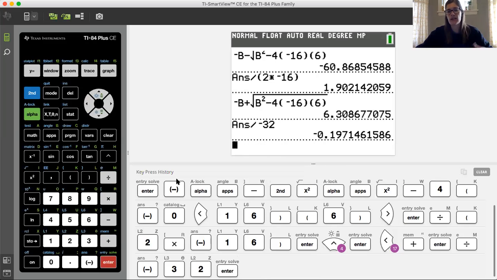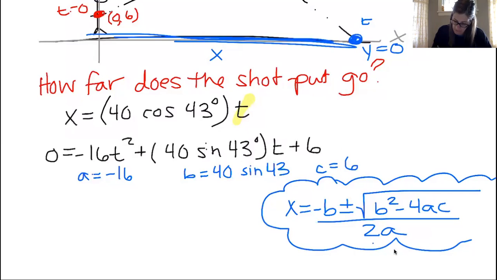So we want the positive one, the 1.902. So let's remember that and carry that over. So we know that t equals 1.902 seconds.